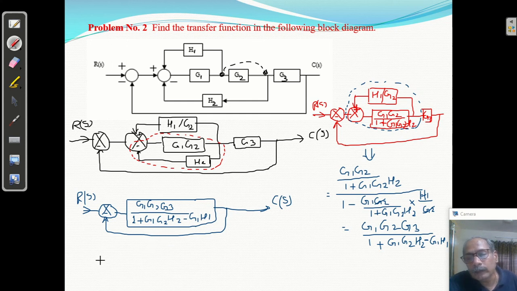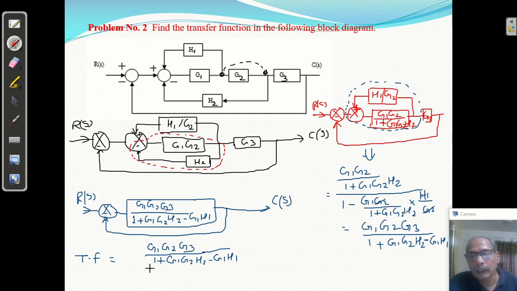Okay, so what is the value of transfer function? Transfer function of the whole system is GS upon 1 plus GS, because HS is 1. So GS is G1 G2 G3 upon 1 plus G1 G2 H2 minus G1 H1.